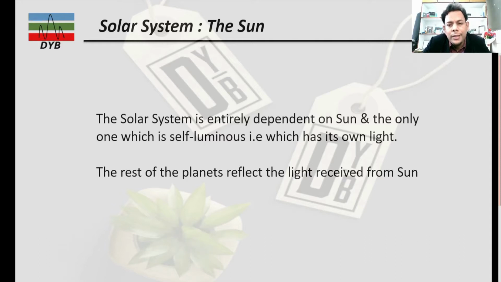Only the Sun is the star which has its own light. Other planets, like our Earth, experience day and night, all because of the Sun. The rest of the planets reflect the light received from the Sun.